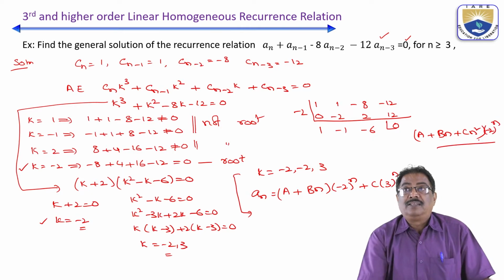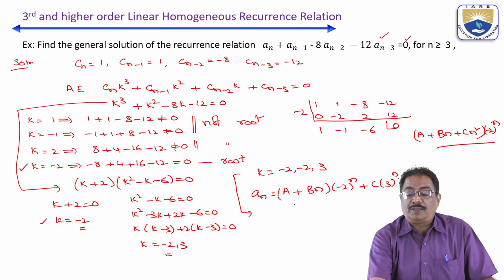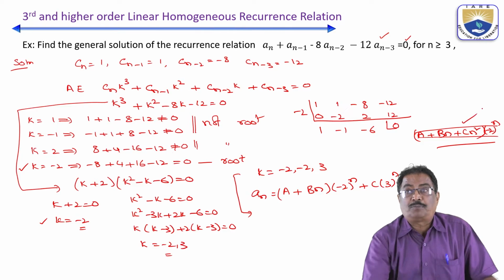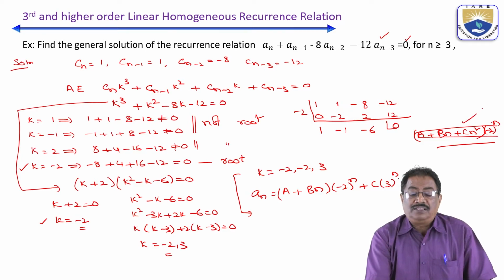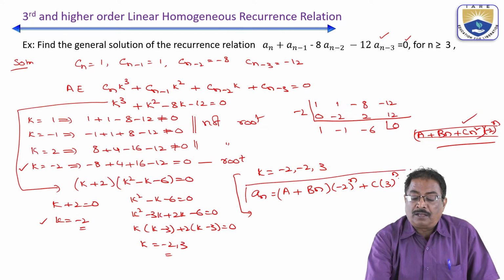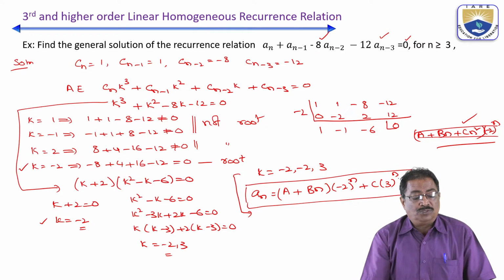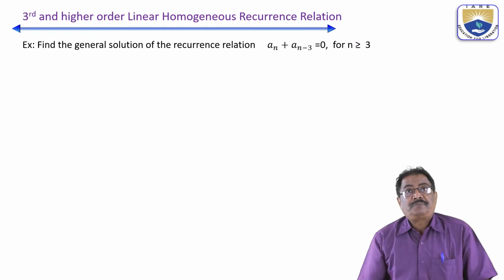Since it is repeated only 2 times, I write it like this. So this is the general solution to the given third order homogeneous recurrence relation.